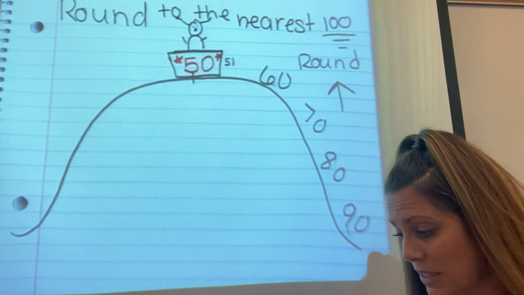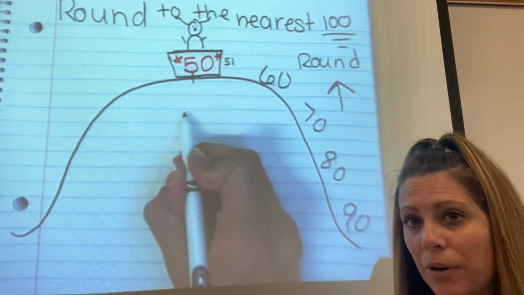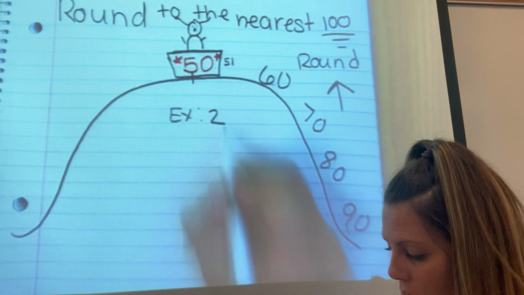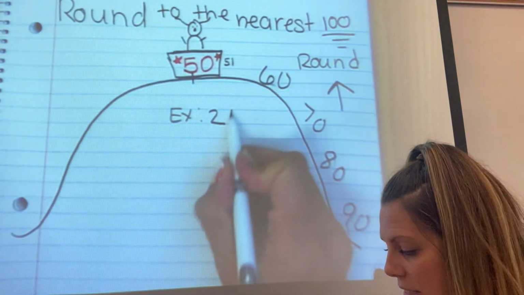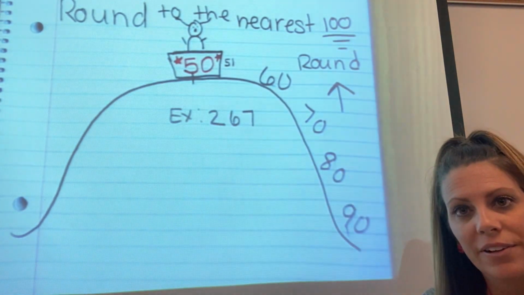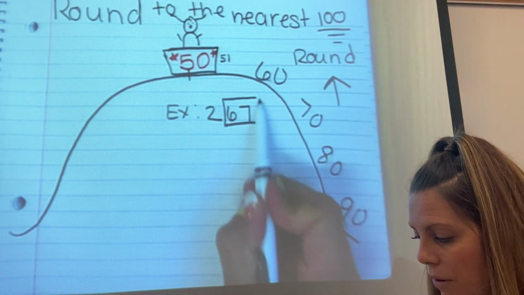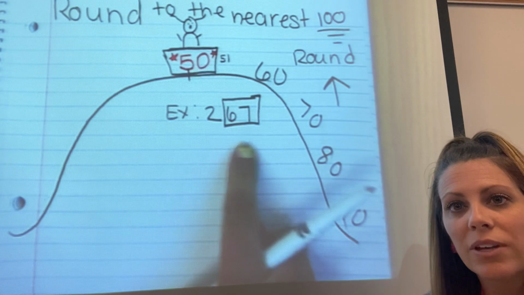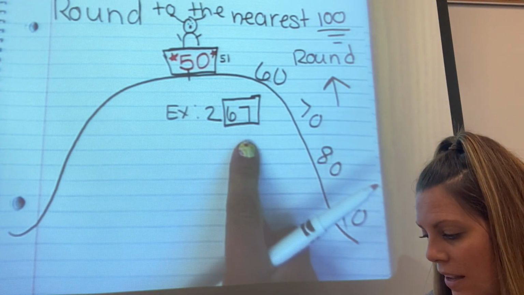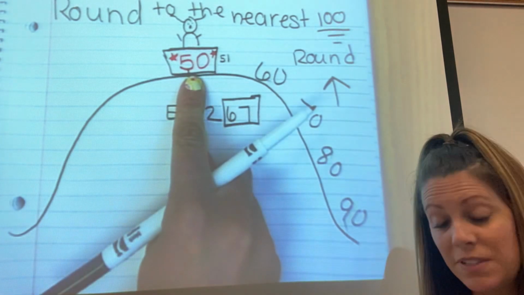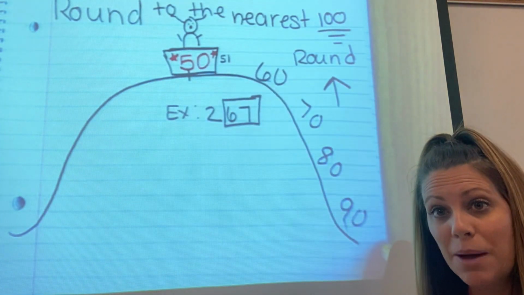Okay, so here's an example. If my number was 267, well, I'm going to look at my tens and my ones. I'm going to look at the number 67. 67 is bigger than 50. It's on our round up side.